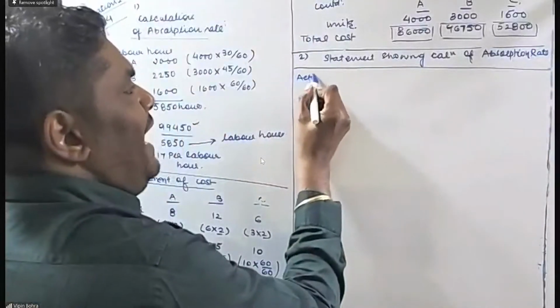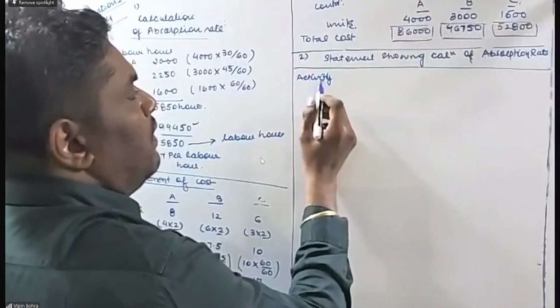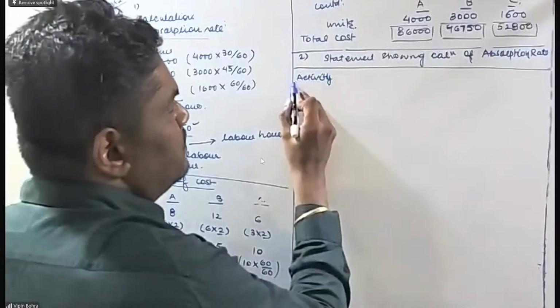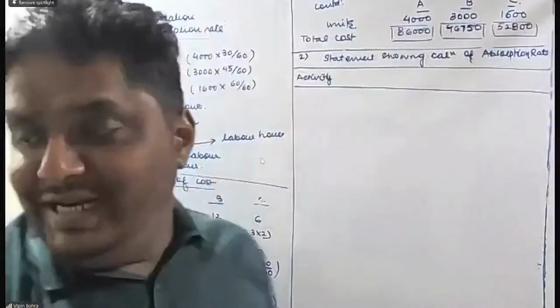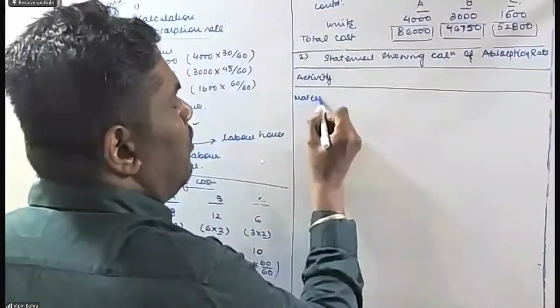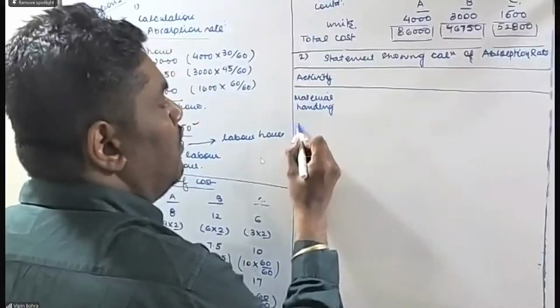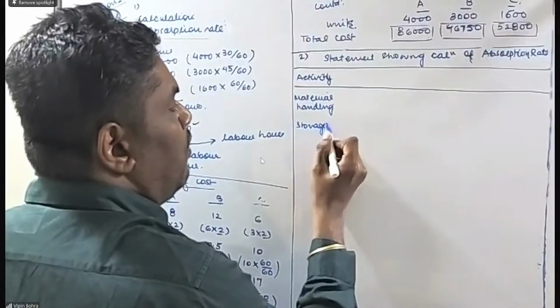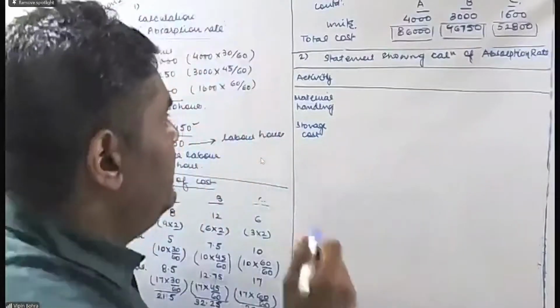So first write down the activities. What all activities are there in the question? Material handling, storage cost, and electricity.